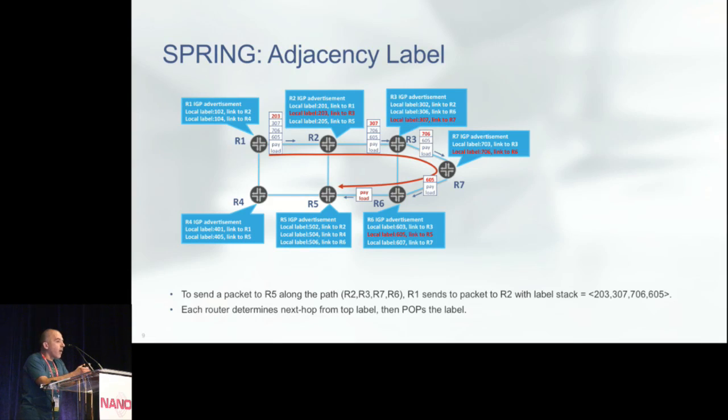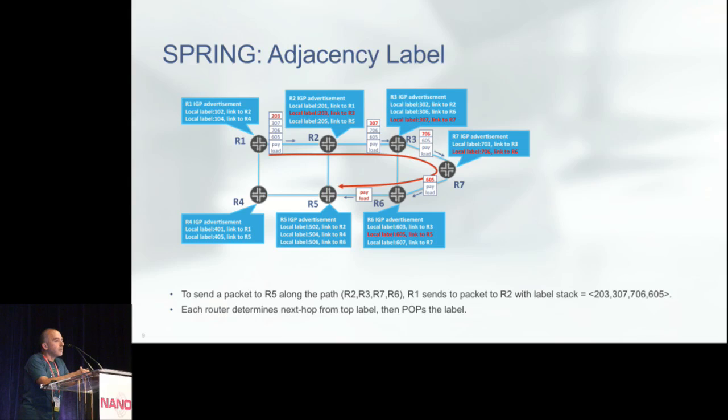If a router, say R1, wanted to send a packet to R5, all it needs to do is craft a header for that packet that looks like this, with label 203 on top. And that label 203 was announced by the next hop router, router 2.